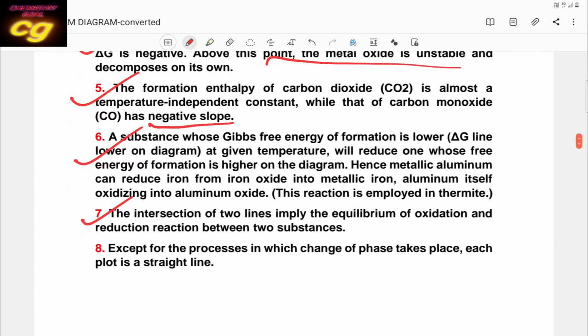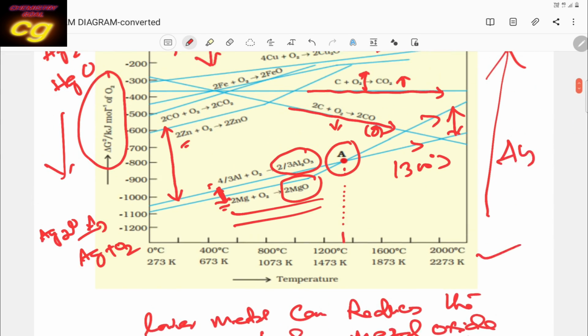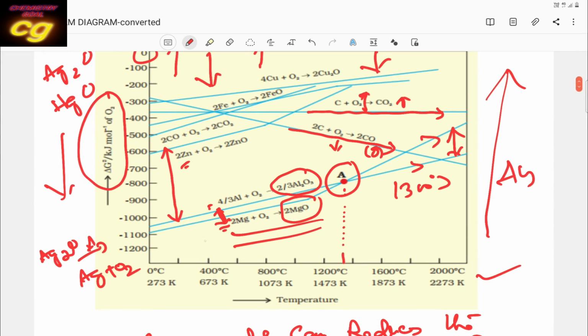Then the last point is that, except for the process in which a change of phase takes place, each plot is a straight line. That means if you see the graph change its slope, that indicates a change in the physical state of the system.